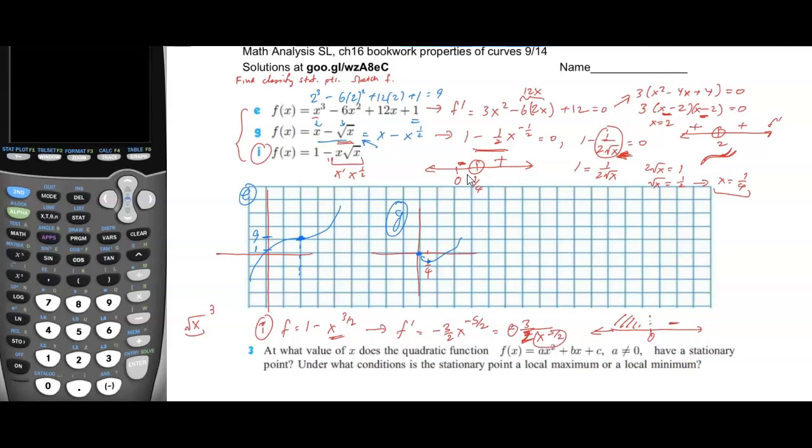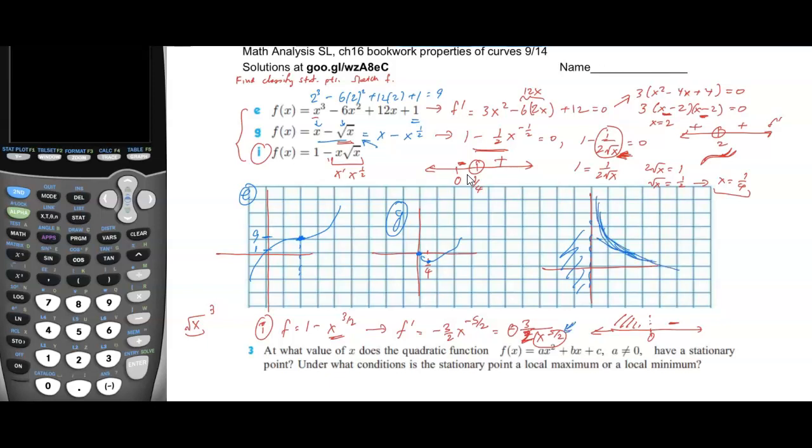So for I, we're going to have a function which doesn't exist at x equals 0, or to the left of x equals 0, and to the right, basically, it is decreasing.